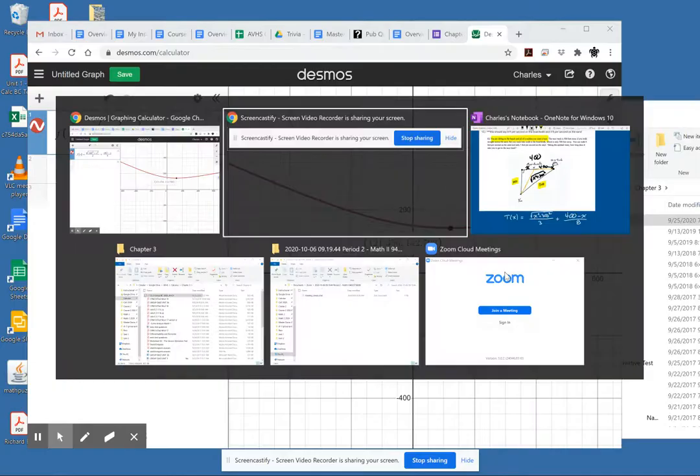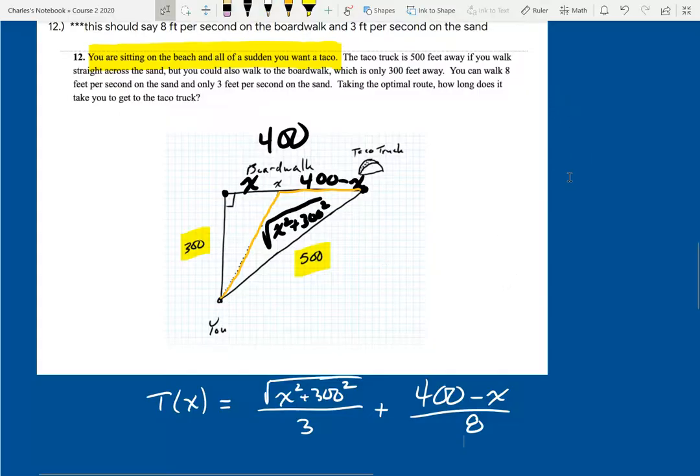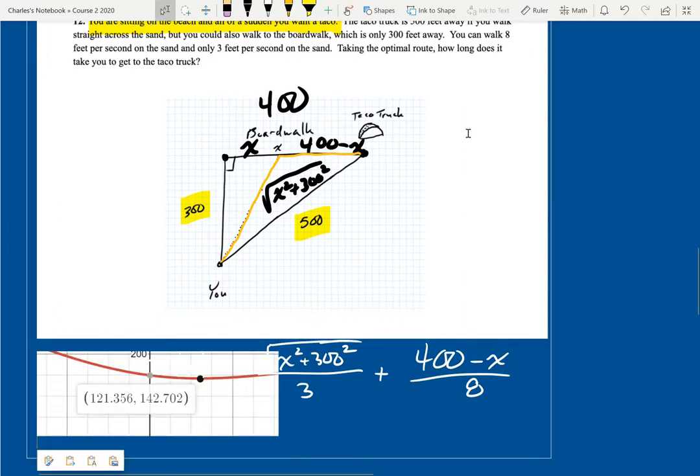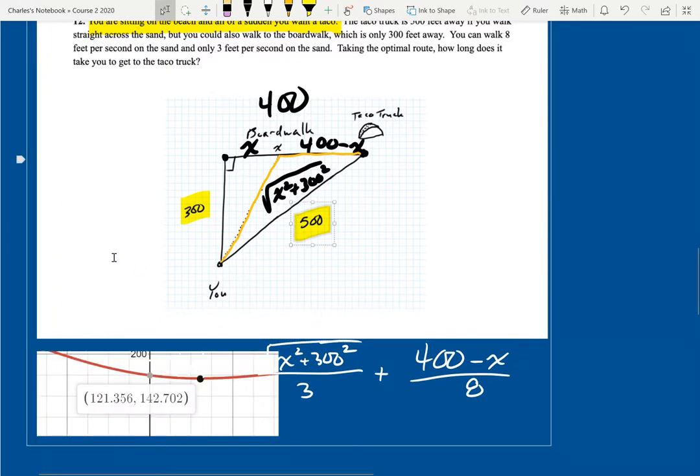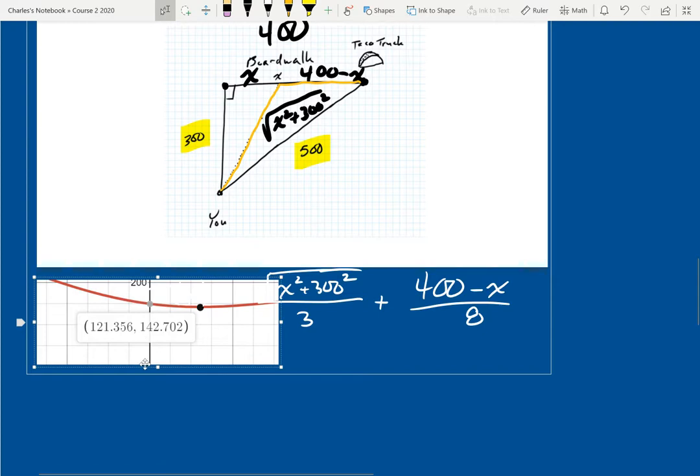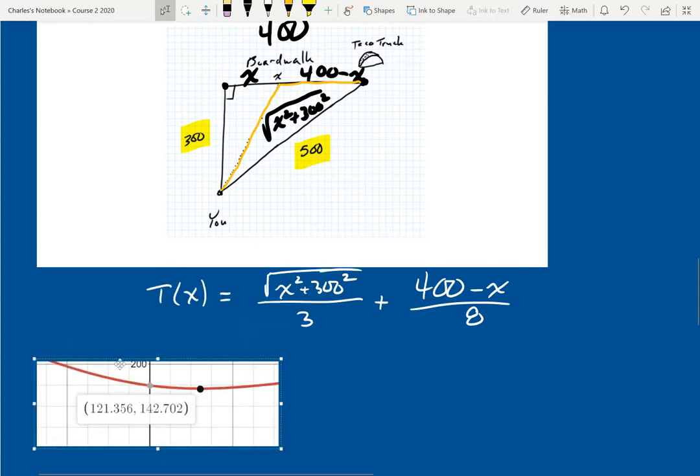And then with any kind of word problem, you're not done just when you get your minimum point. There still is a little bit of interpreting. What does this mean? Well, what is x? X is this value right here, so that's going to be 121.356.